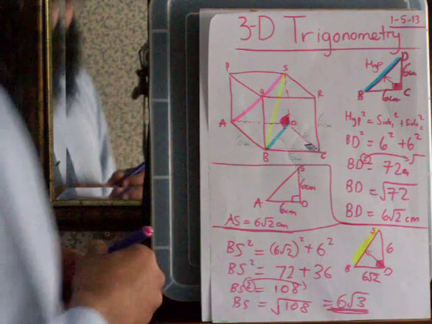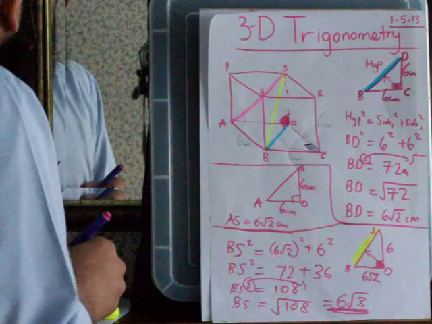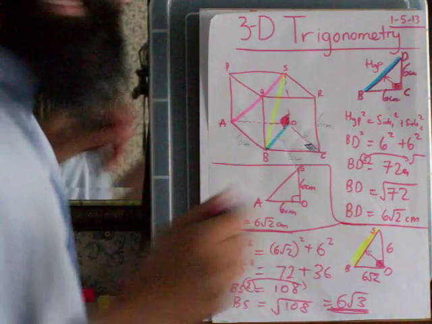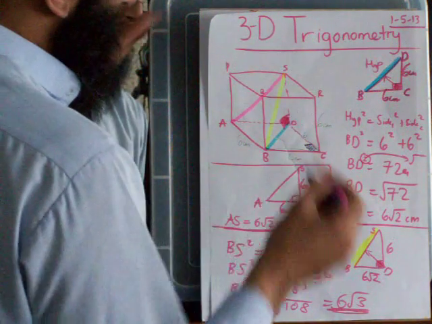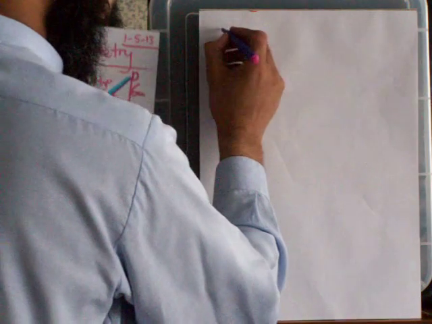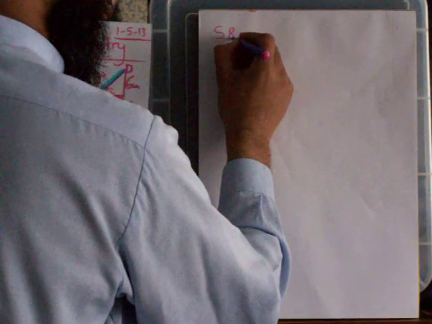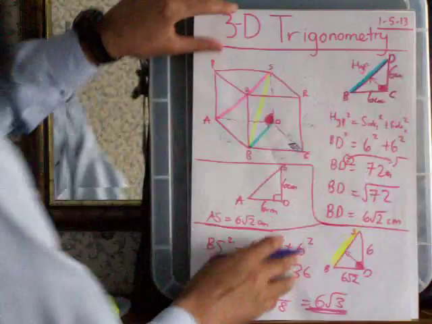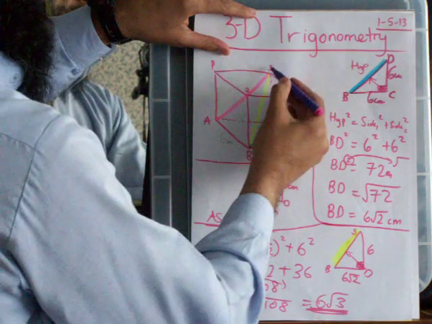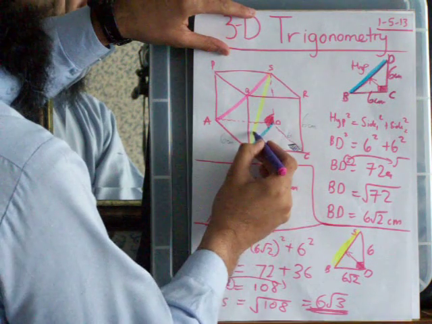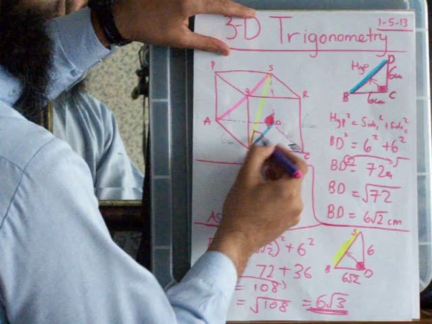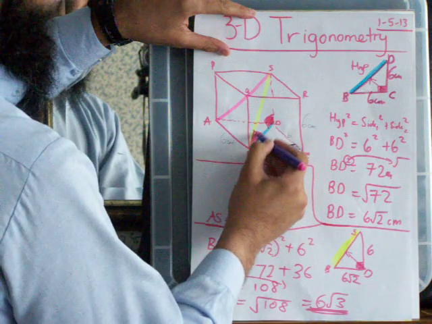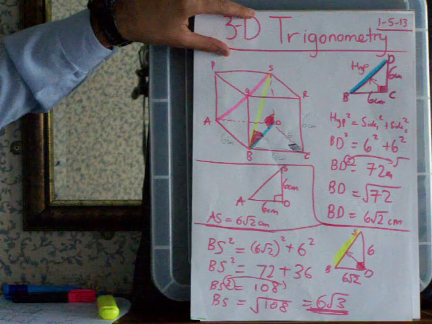Okay, the angle that they've asked us to work out here is the angle SBD. So we're going to work out the angle SBD. So here's S, here's B, here's D. So the angle that they're looking for is this angle here in our three-dimensional diagram.